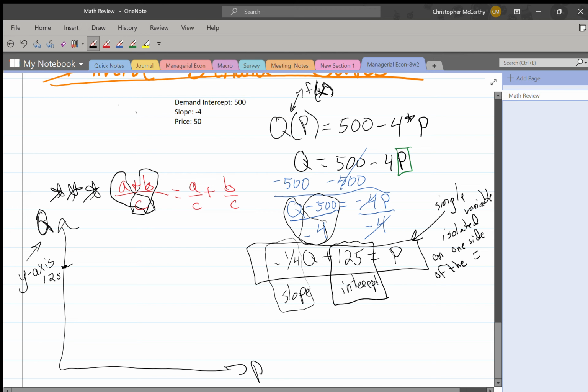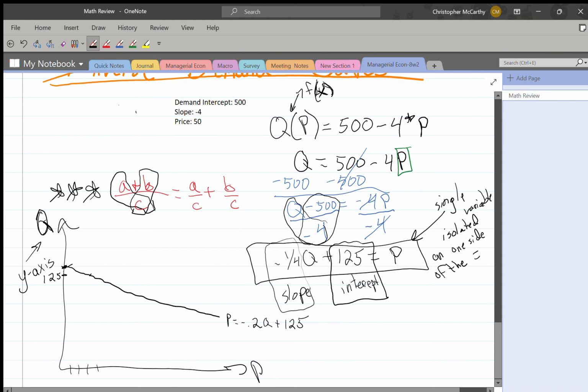And so what is this slope telling me? This slope is telling me that for every one fall, because it's negative, it's not a rise, we end up with a run that's 1, 2, 3, 4. So this slope is telling me that I've got a very shallow curve here. So this is price is equal to negative 0.25q plus 125.